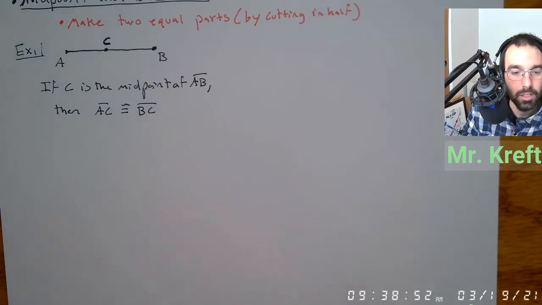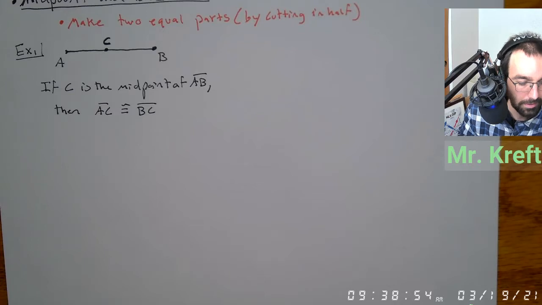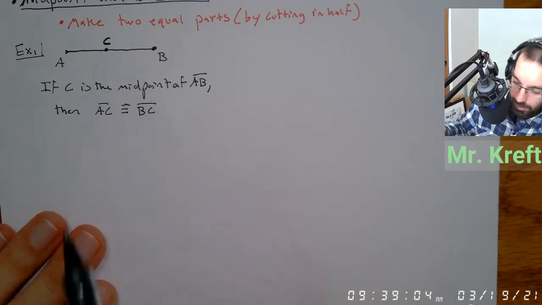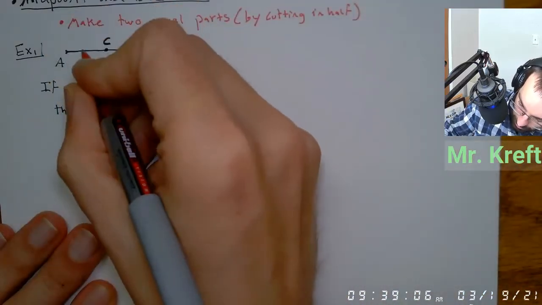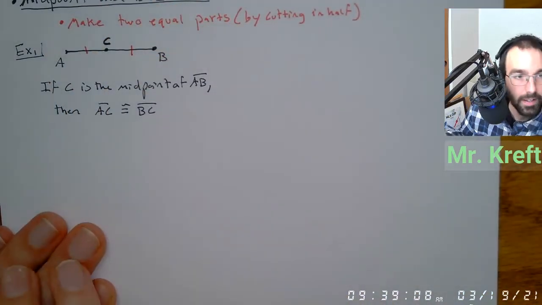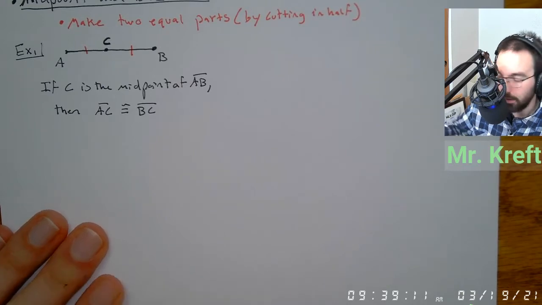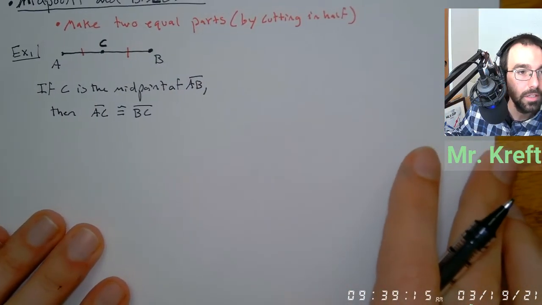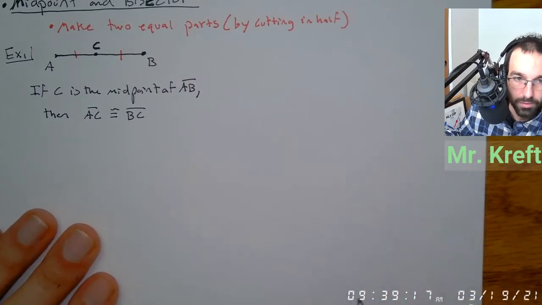I'm just doing an example of what this should look like. If C is the midpoint, then we know that the left side and the right side are congruent. You might want to use a little tick mark like this to say those two segments are congruent. So if C is the midpoint of AB, then AC is congruent to BC.